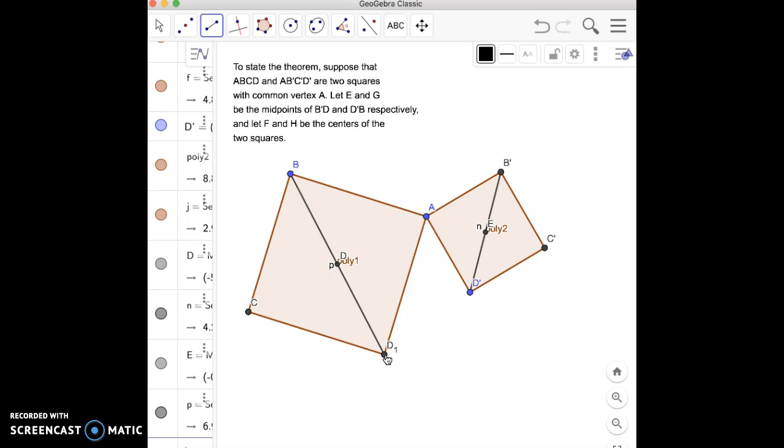And then it says, let F and H be the centers of the two squares. So at this point, they kind of run into, okay, where is there going to be a square? So I have students that start to connect segments, which ultimately this is what I want them to connect.